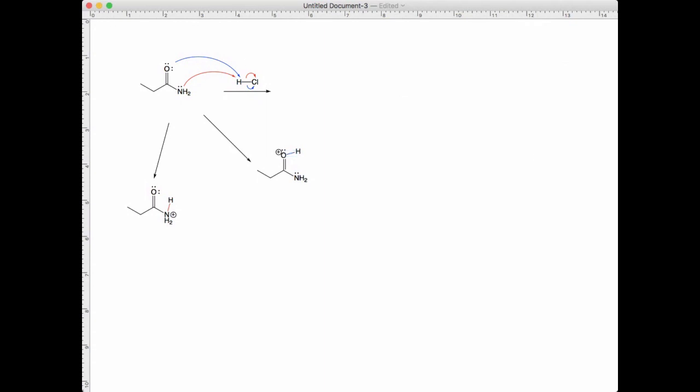So if we want to decide once again which of these two sites is more basic, we need to look at the stability of the conjugate acids. The conjugate acid resulting from protonation in the amide is clearly not stabilized by resonance because the pi electrons are now used for this new bond.